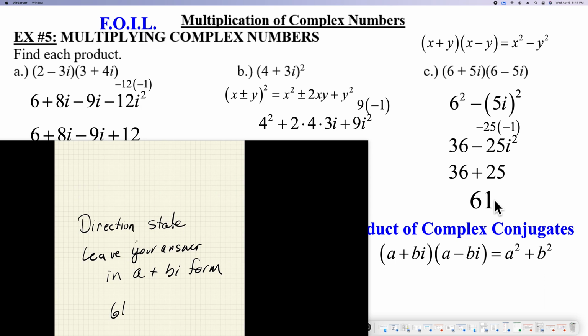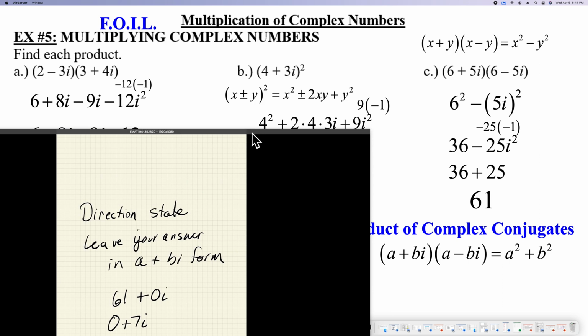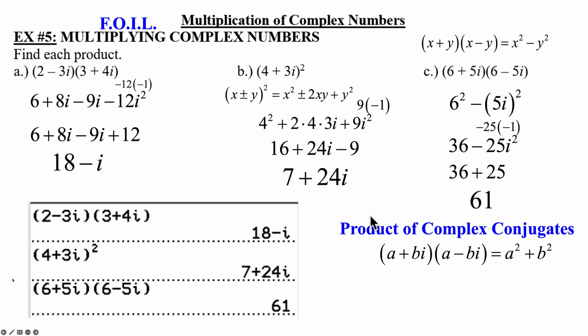I'm not kidding, you've got to put in 61 plus 0i. You can put in 61, and if a window pops up that says although your answer is correct, it's not written in the right form, that's indicating you need that. Or if my answer was 7i, you need to put 0 plus 7i. I know, I apologize. That's the way the author wants it done. I will not do that to you on the test. You don't have to write it always in a plus bi form. I don't like that direction, so we're not going to do it.